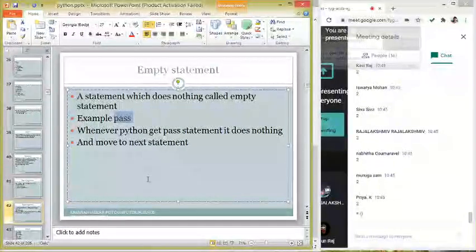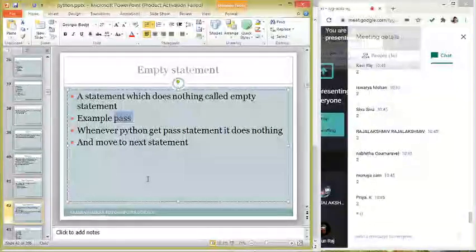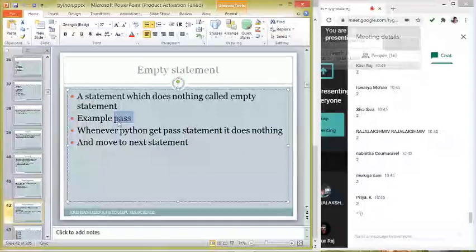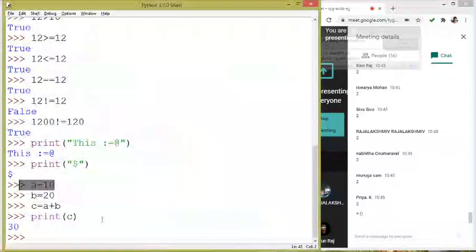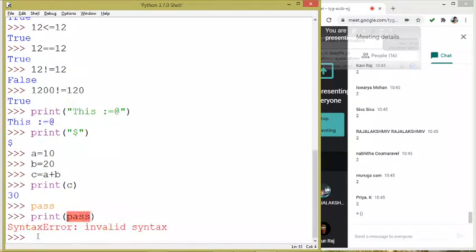Otherwise, all the remaining statements are just statements, not empty statements. If I write PASS here, this is called an empty statement. See, nothing happened. And you cannot even print pass. Let's see what will happen. Syntax error, invalid will come.